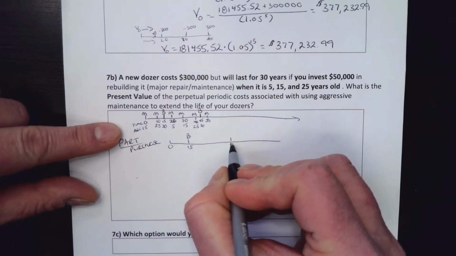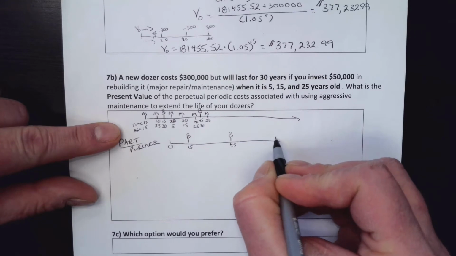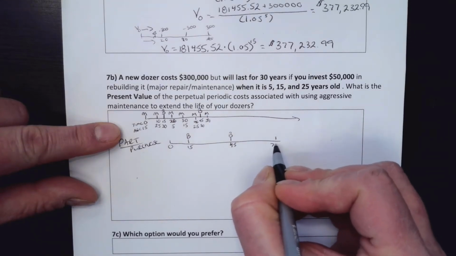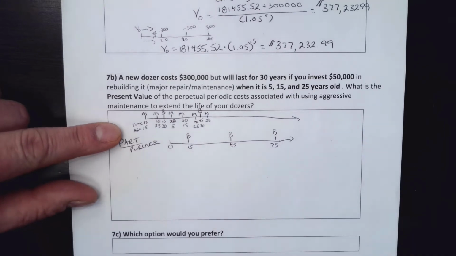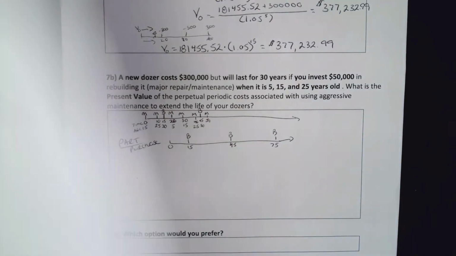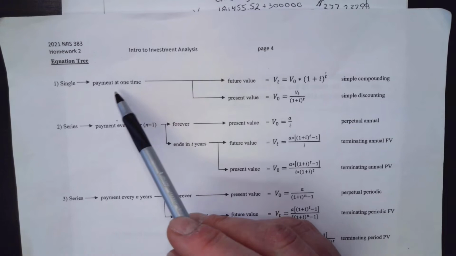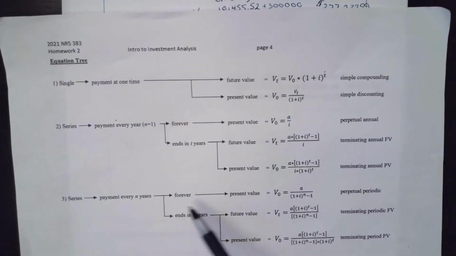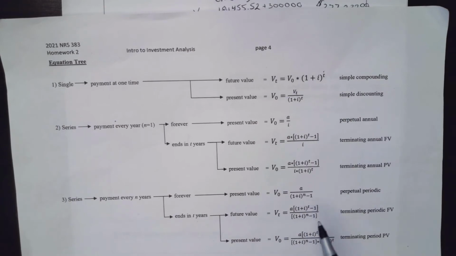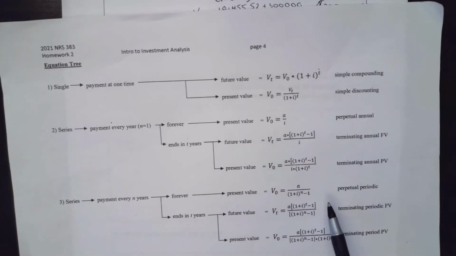In 45 years, we buy. And in 75 years, we buy, and on and on. So what is it? It is not a one-time, not every year, but every n years, that goes on forever. All of these are going to use our perpetual periodic here.